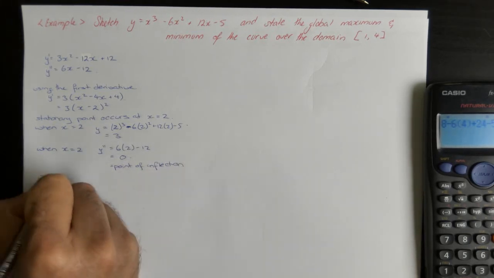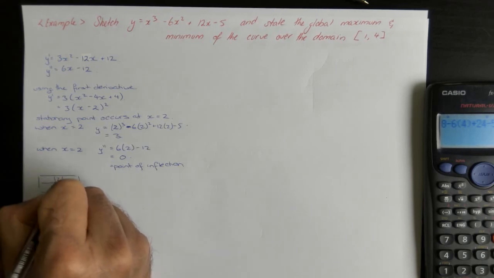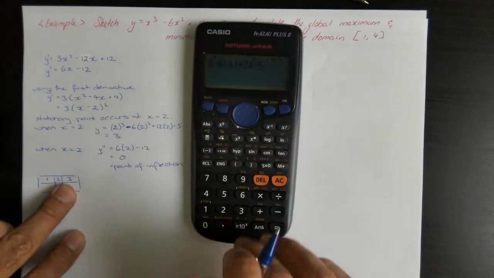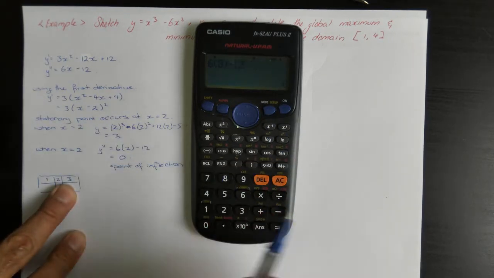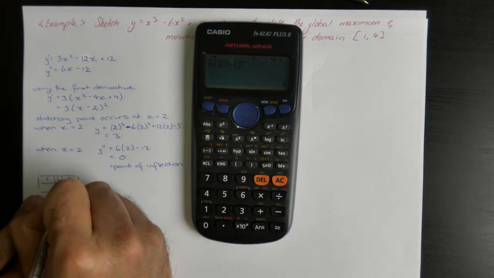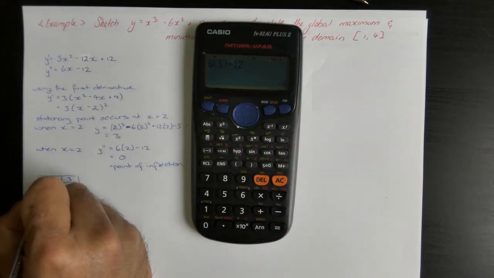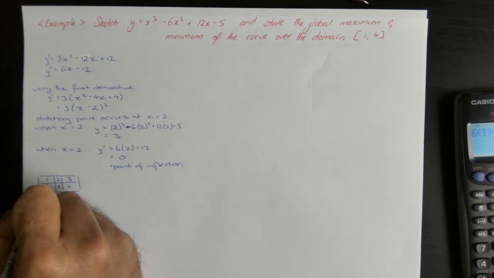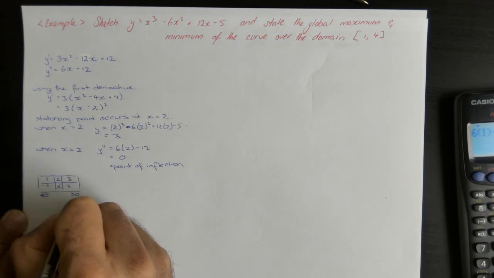And we can test by plugging in 3 into the second derivative. So 6 lots of 3 minus 12, we get 6, so it's positive. And when we plug in 1, we get negative 6, so there is a change in concavity. So this one is less than 0. So that's great.